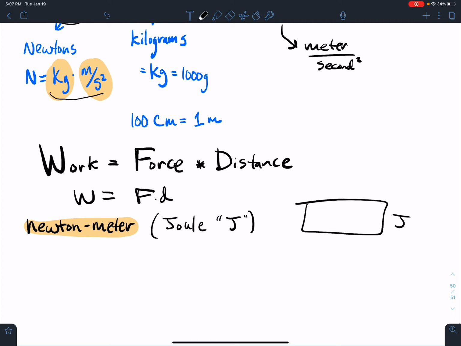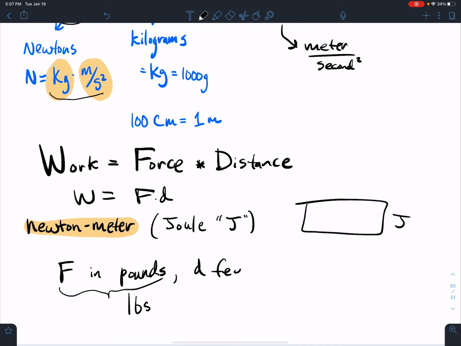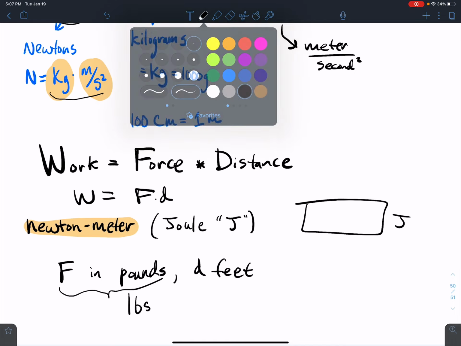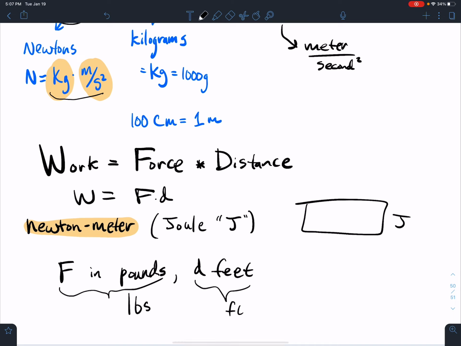And if it's not metric, then we have F in pounds, which is lb, and d in feet. And this is known as foot-pound.